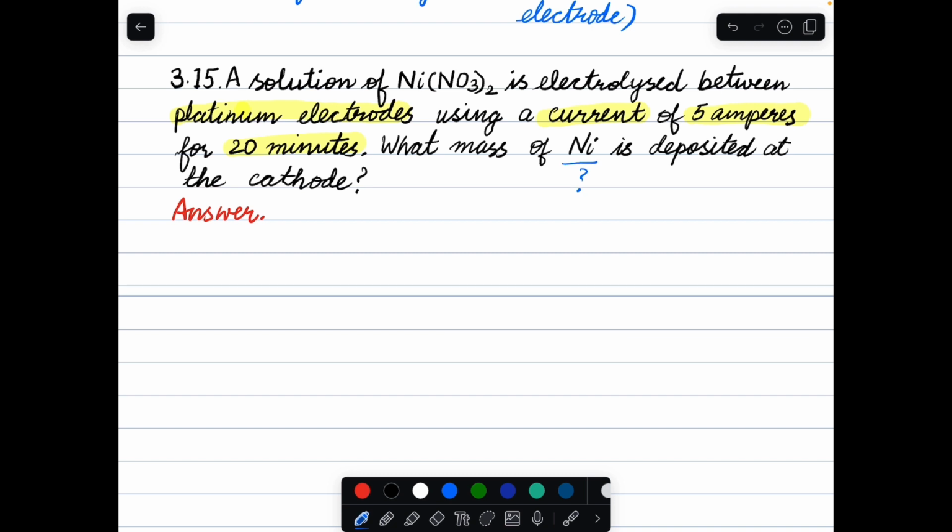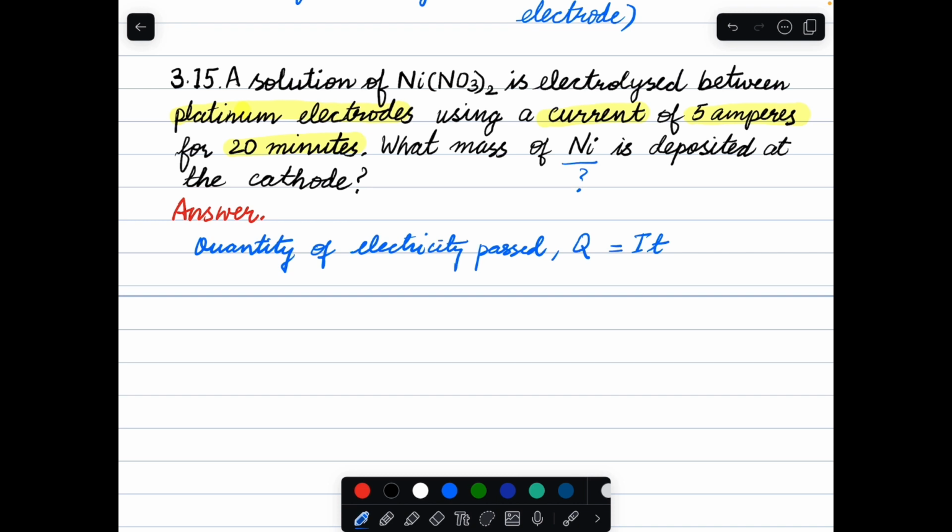Okay, so on the basis of given information, first we will find out the quantity of electricity passed, because only then will we be able to calculate the other parameters. The quantity of electricity passed, which we depict with Q, that is quantity of charge, is equal to I into T. That is current and the time taken for the passage of that particular current.